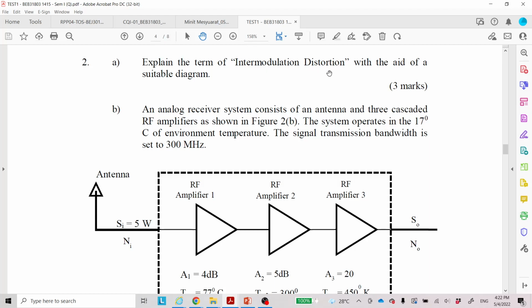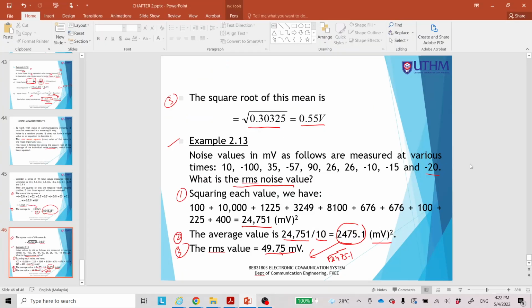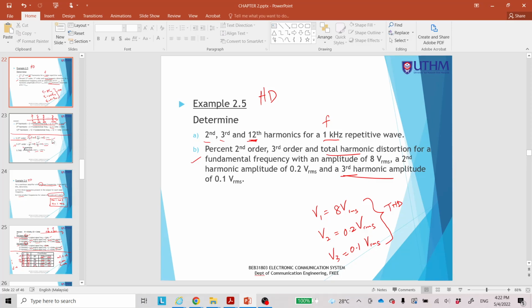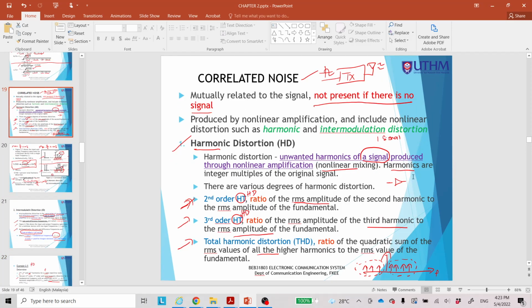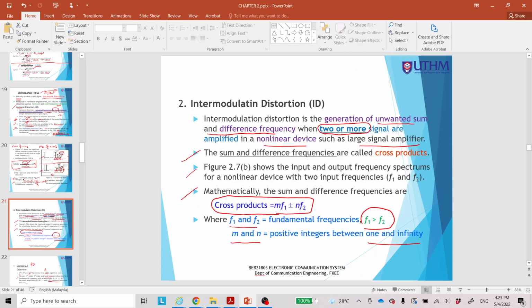Intermodulation distortion is due to 2 or more signals that produce a cross product, which is in the notes. It is the generation of unwanted sum and difference frequencies when 2 or more signals are amplified in a non-linear device.